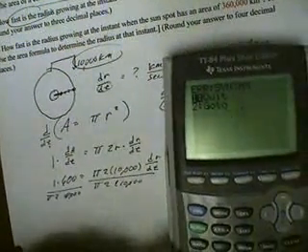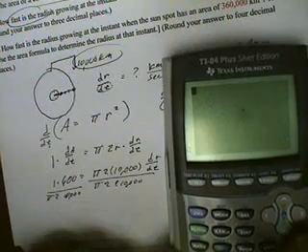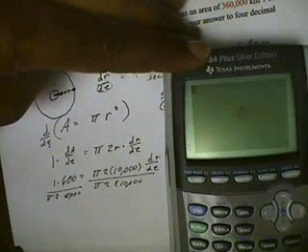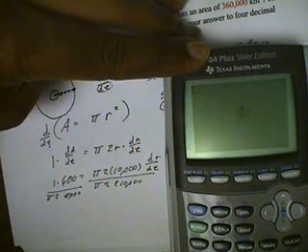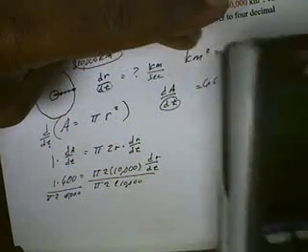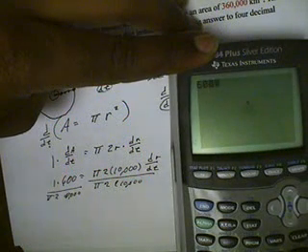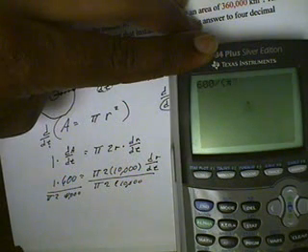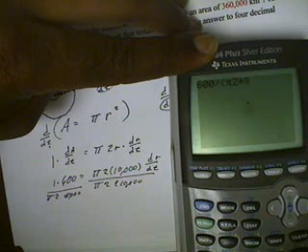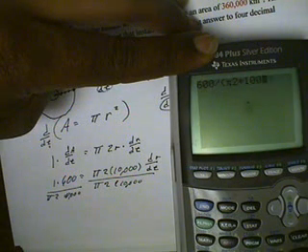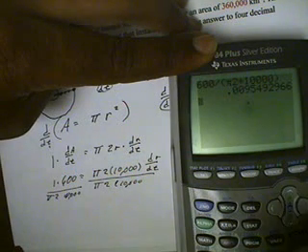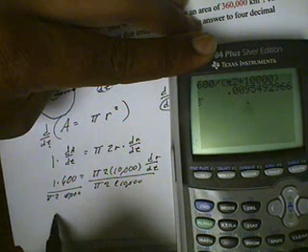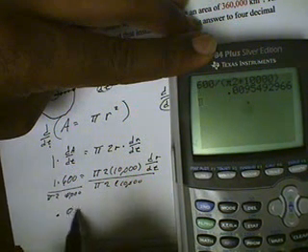And what we have here is 600 divided by pi times 2 times 10,000. Okay, got that. And, ooh, small number. So this will be 0.0095.